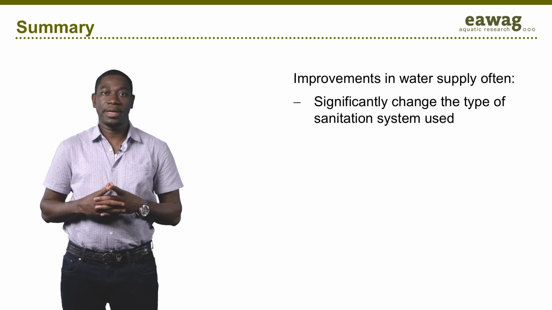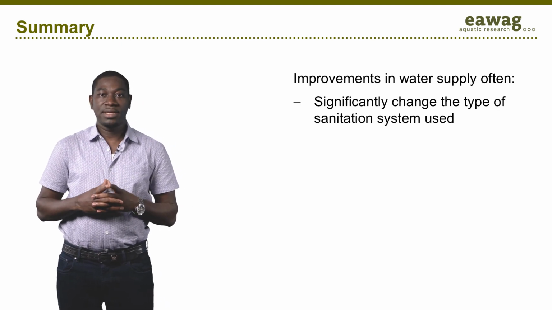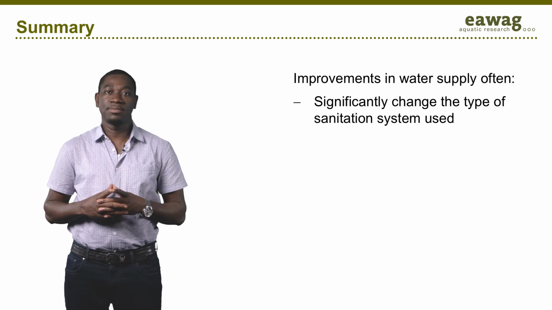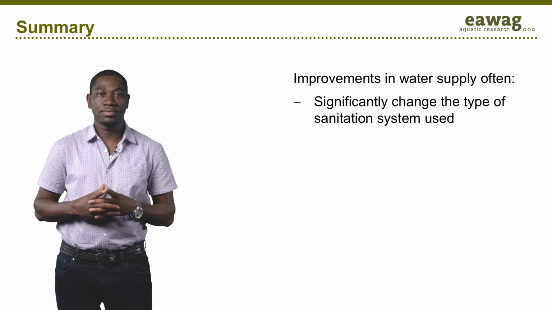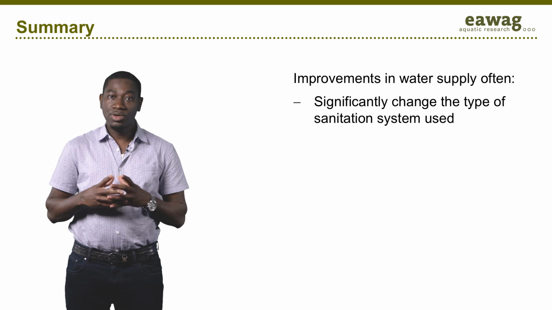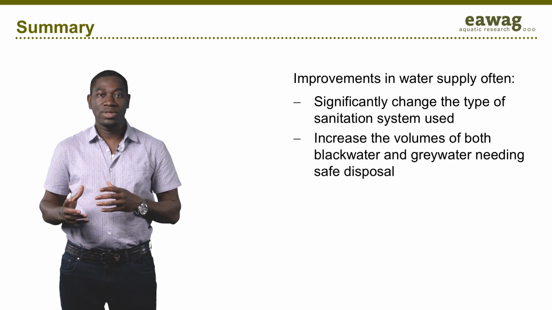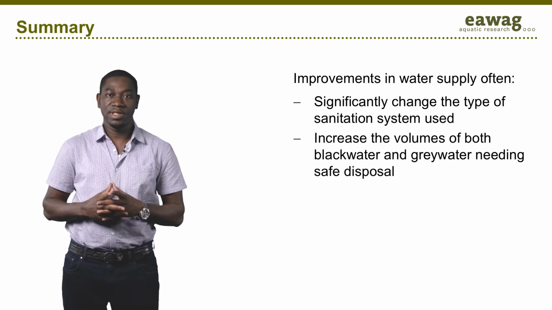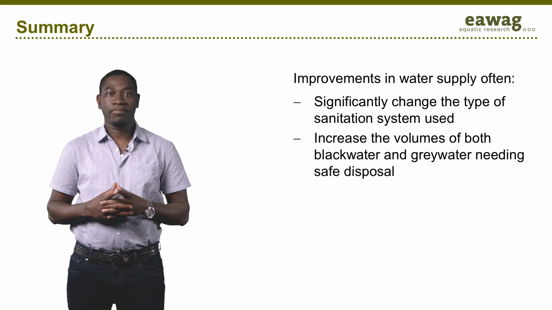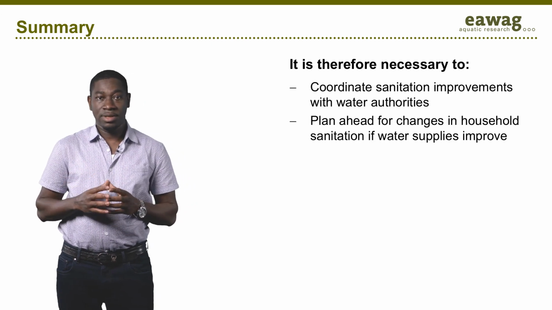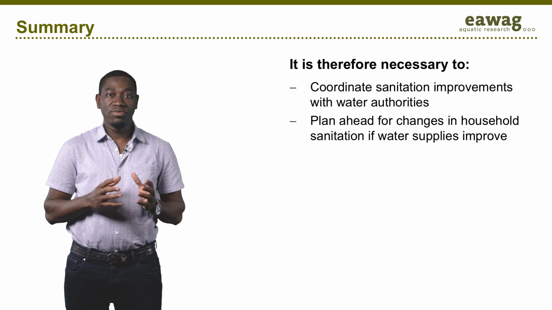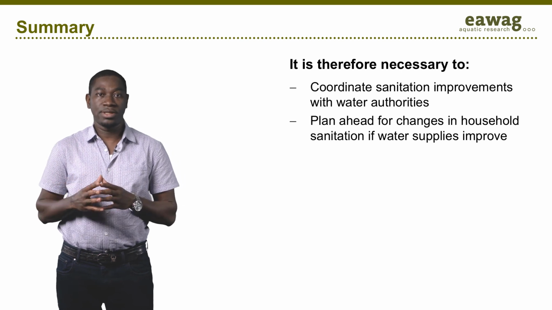Improvements in water supply often significantly change the type of sanitation systems chosen by the household. It also increases the volume of both the blackwater and the greywater needing safe disposal. It is therefore necessary to coordinate sanitation improvements with water authorities.